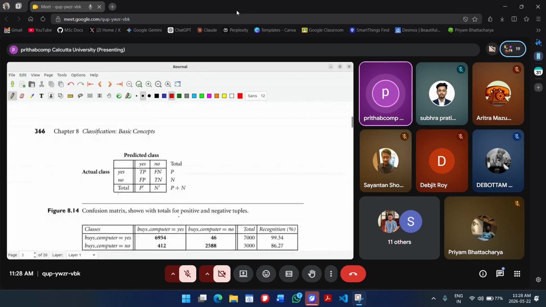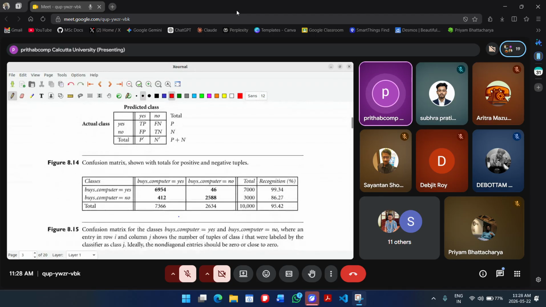So now let's look at this, the confusion matrix. So all of you are familiar too. So what we have on the y-axis is the actual class, and on the x-axis we have the predicted class. So true positive is actually yes, and you count the number of cases where you could do the correct classification of positives.